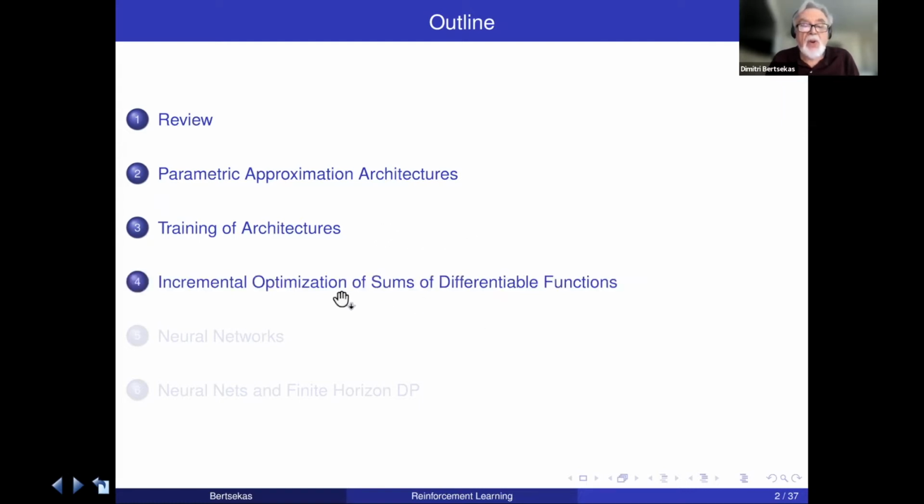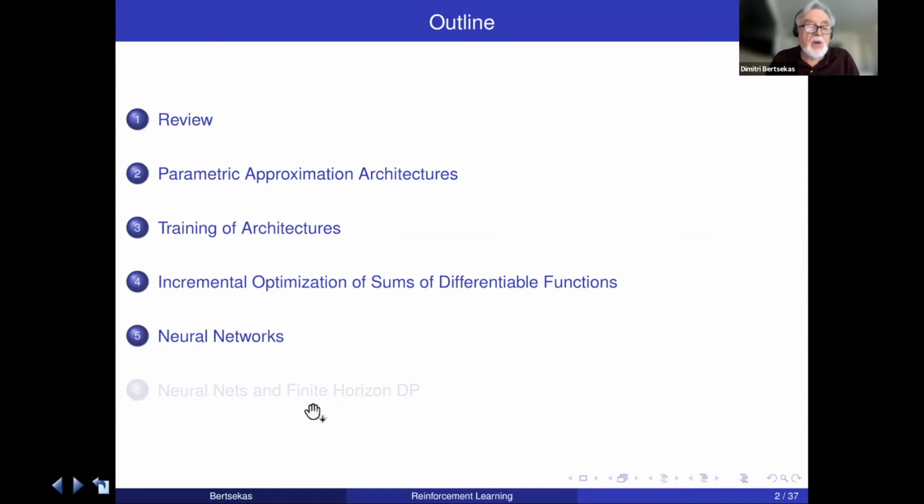Then we're going to talk about specialized optimization algorithms of the gradient type, but incremental, and I'll explain what that is. Not the usual gradient methods, they're incremental gradient methods, which have been very successful in the context of training of architectures and particularly neural networks. Then we're going to say a few things more specific to neural networks and their properties.